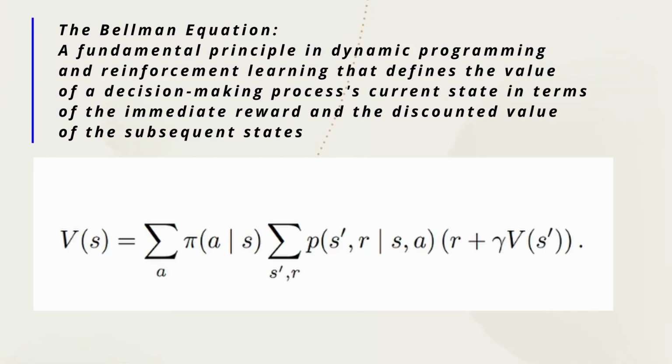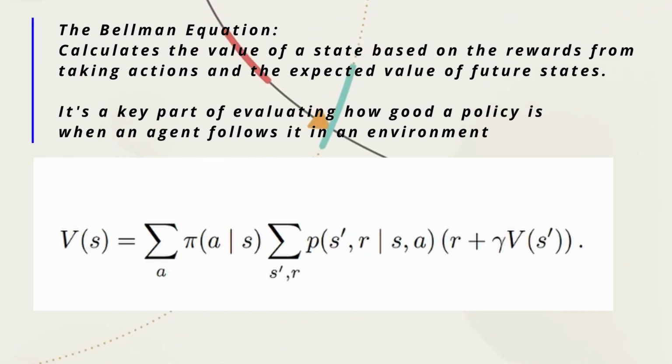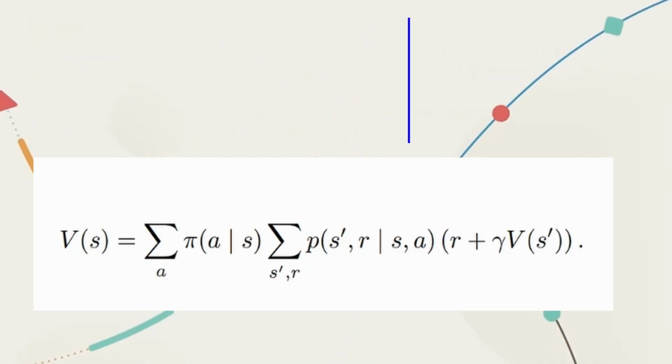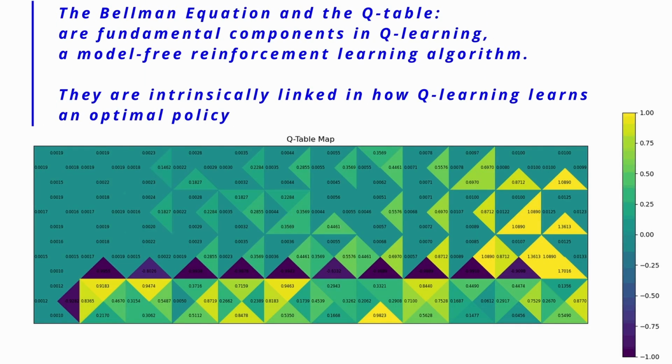Because it lets us break down this huge, complex, long-term optimization problem into smaller, recursive steps. It essentially says the best value of being in a state now is the immediate reward you get, plus the discounted best value of whatever state you end up in next. Discounted, meaning future rewards are worth a bit less than immediate ones. Exactly. It encourages prioritizing achieving goals sooner rather than later, and it also keeps the math manageable.